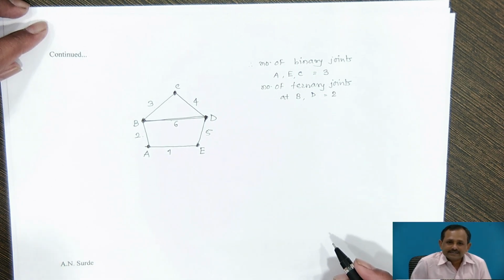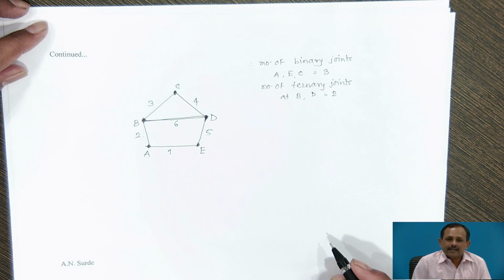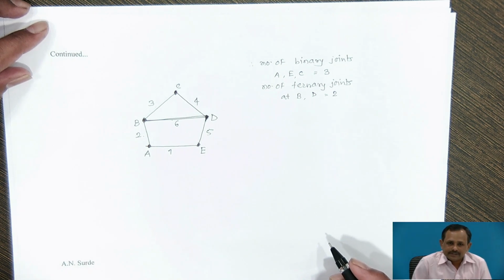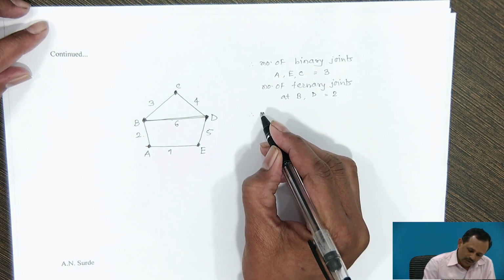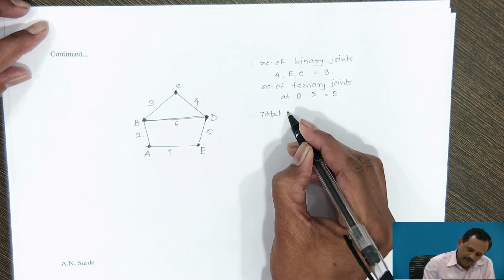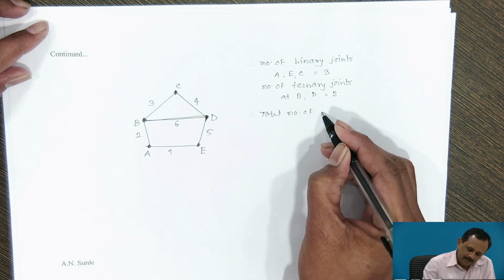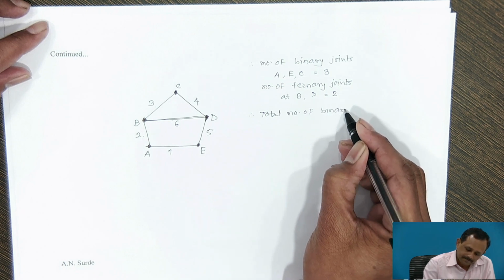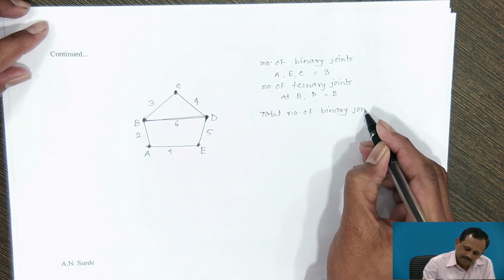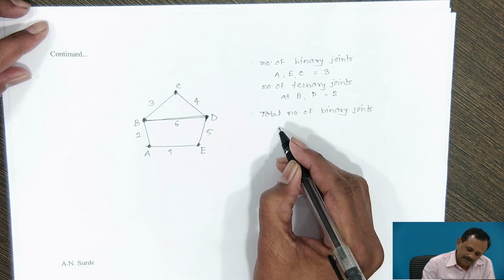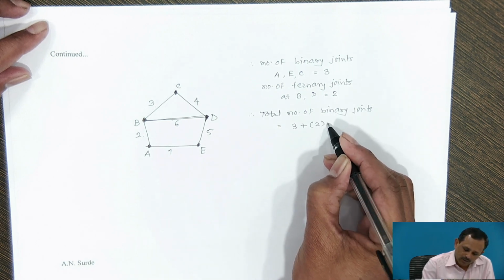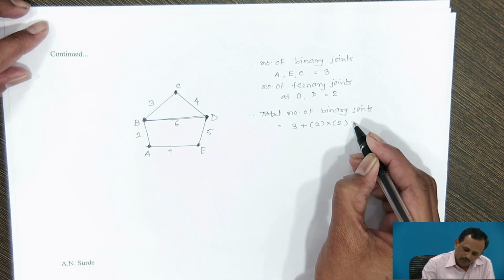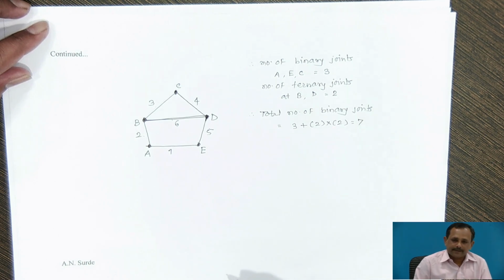But one ternary joint is equivalent to two binary joints, and therefore, in this chain, the total number of binary joints is equal to 3 plus 2 into 2, that is equal to 7.